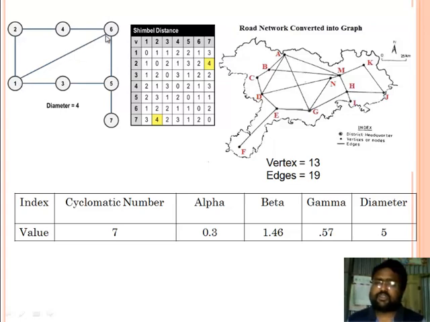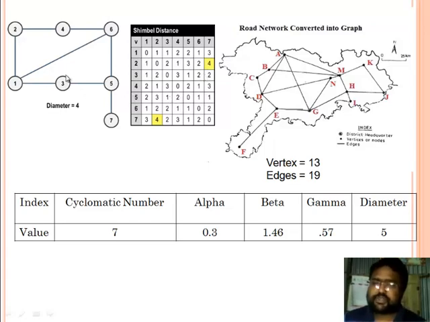But in this direction, if we move, then we need only one edge to cover. So that's why this is the shortest path, and here it is 1.